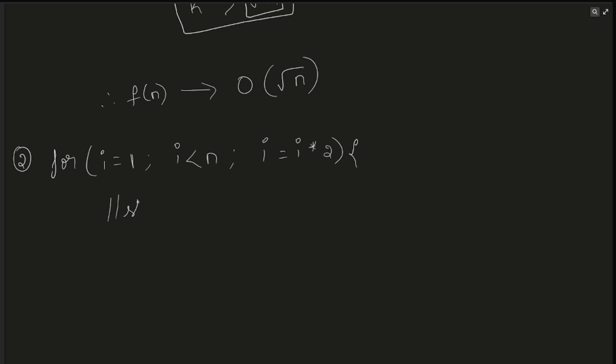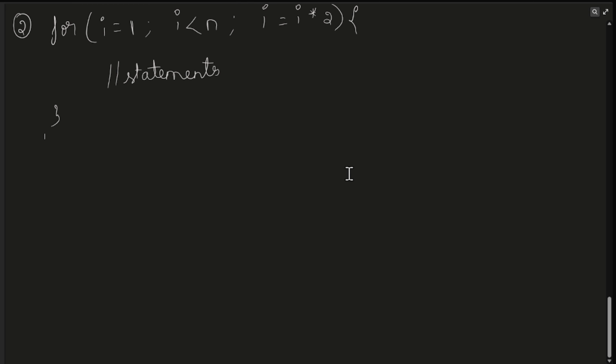And we will be having some statements inside the for loop, and we'll end the for loop. The difference here is the initialization part and condition part are almost similar to our previous for loop examples. But the catch here is the update statement is getting updated by multiple of 2.